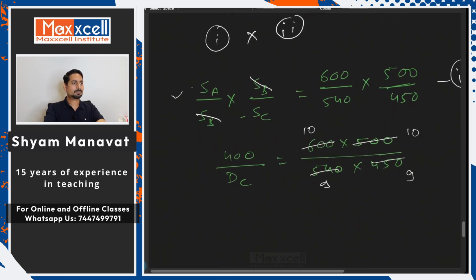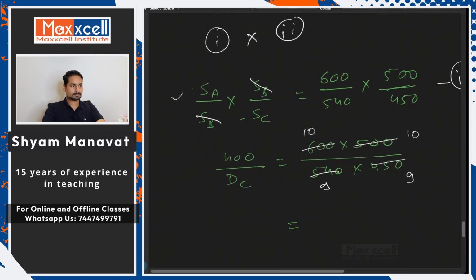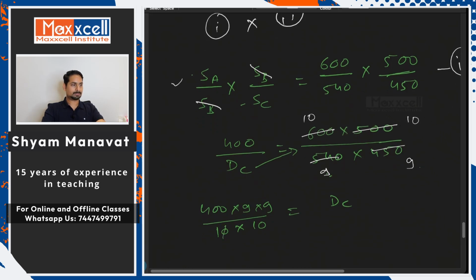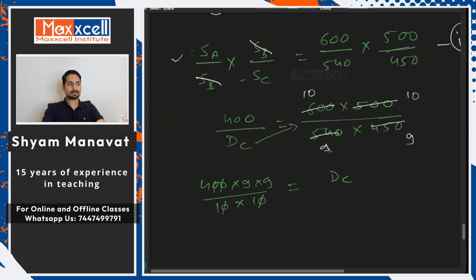Now cross multiply. For the distance of C, I have 400 this side, and the numerator will go into the denominator, the denominator will go into the numerator. So 9 into 9 will go into the numerator, and 10 into 10 will go into the denominator. So here the zeros cancel. This is your distance covered by C.